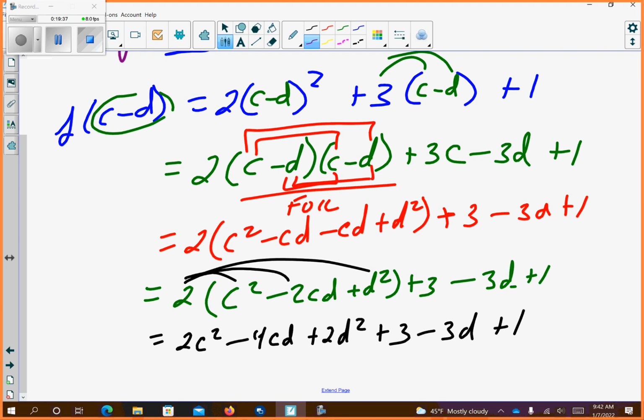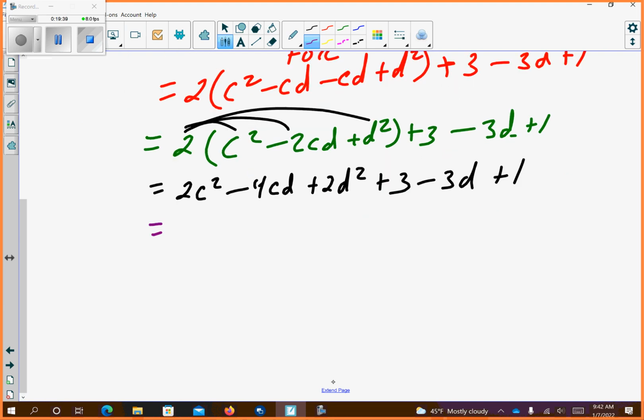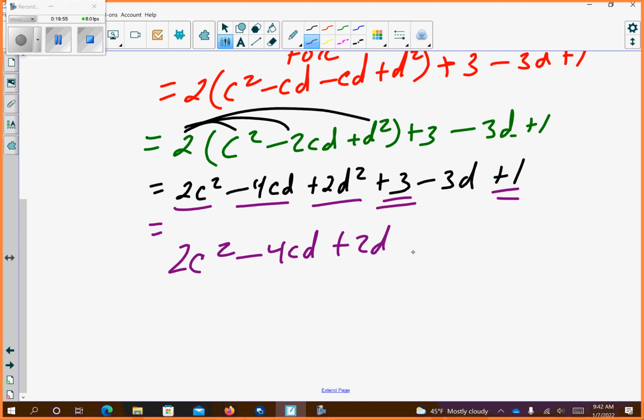So I have a 2c squared. I don't have any other, so just bring it down. I have minus 4cd. I don't have any other cd's in there. I have 2d squared. I don't have any other d squareds. I have a 3c and a minus 3d.